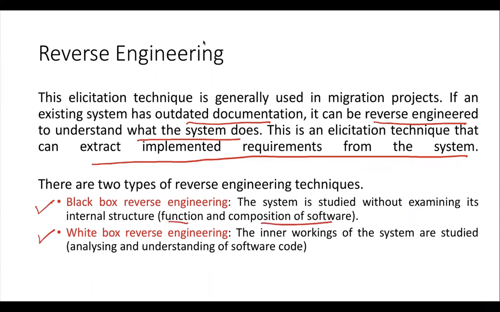On the other hand, for white box reverse engineering, the inner workings of the system are actually studied. That means we do analyze and understand the software code. So these are the main types of reverse engineering. Either it's a black box where the system under consideration is studied without examining its internal structure, or we actually examine the internal structure in white box reverse engineering by providing detailed analysis and understanding of the code.